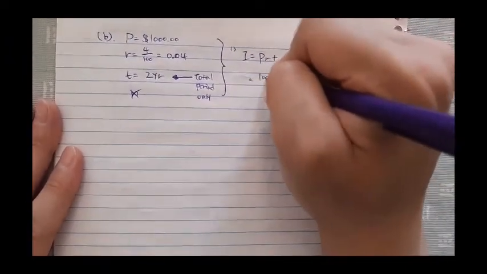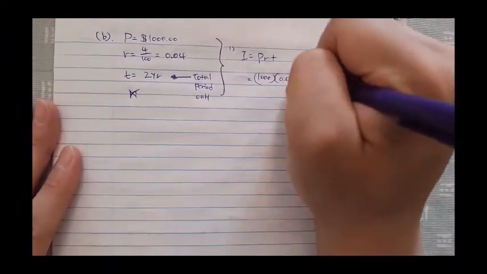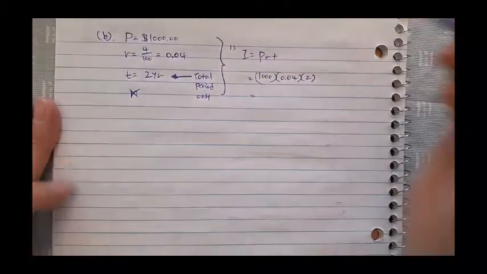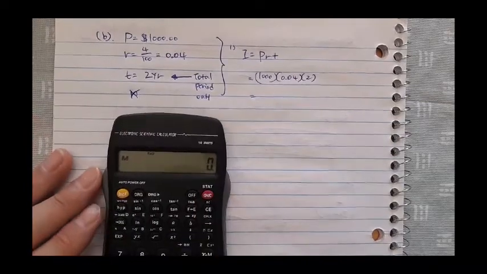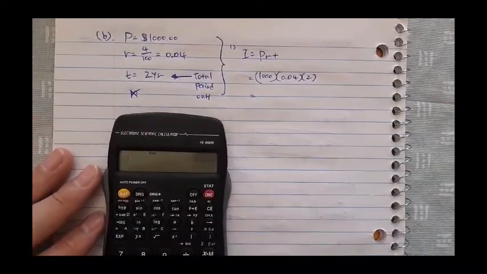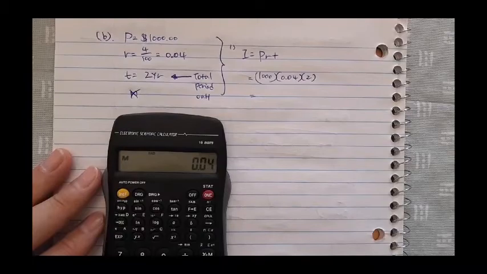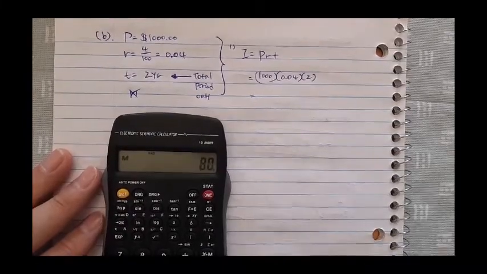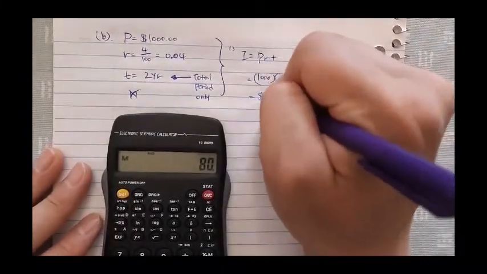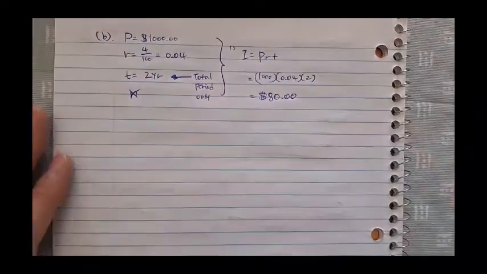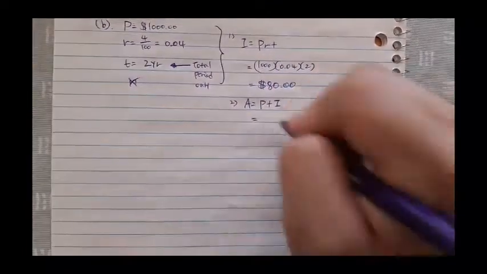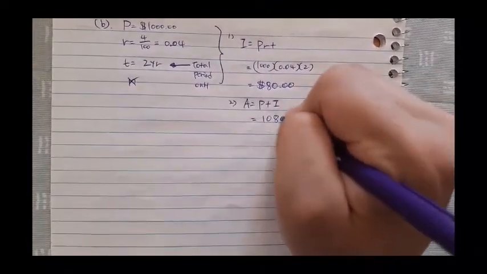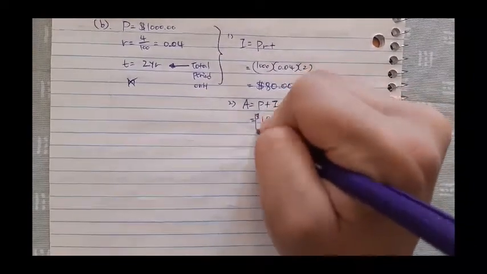So P is 1000, 0.04 times by 2. Calculator time: 1000 times 0.04 times by 2 gives me $80. Now that's not the final answer because when it comes to simple interest, you actually need to add the principal amount with I. So it's 1,080.